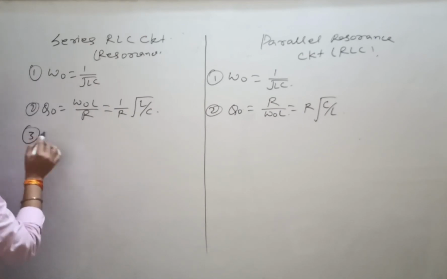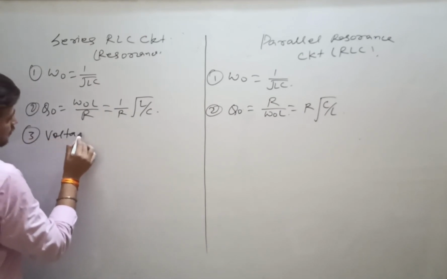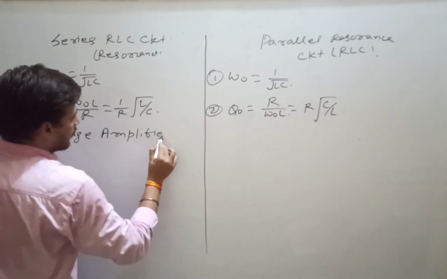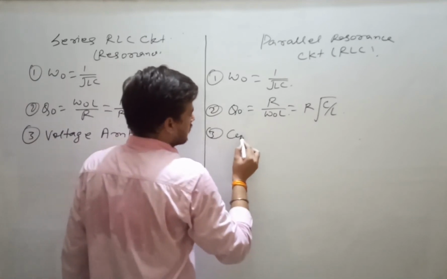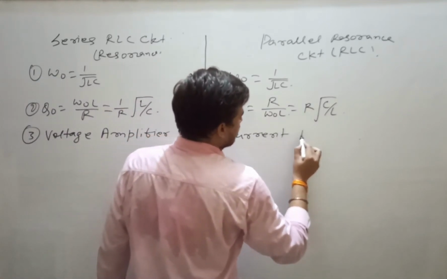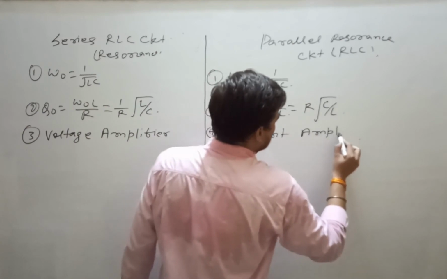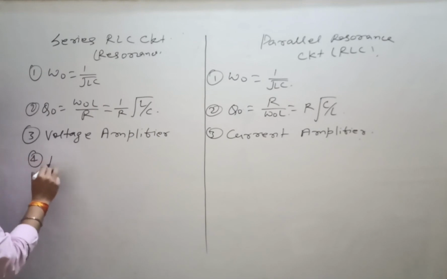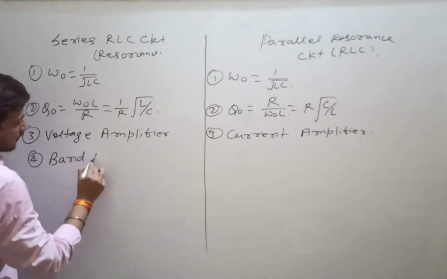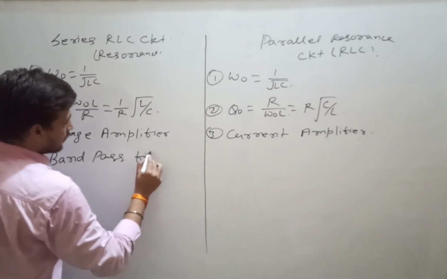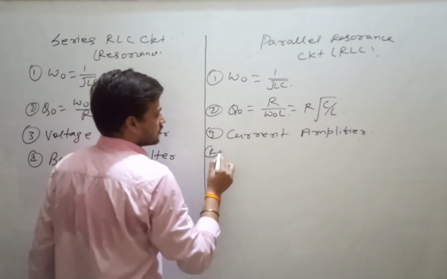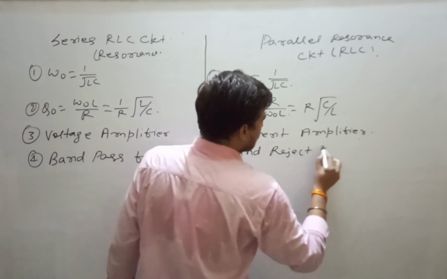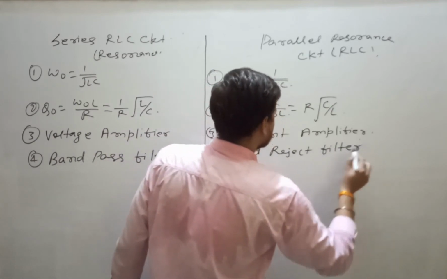Third, this is a voltage amplifier. This circuit is a current amplifier. This was called a band pass filter. This is your band reject filter. Clear?